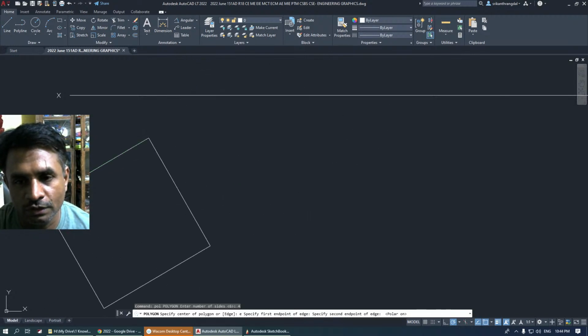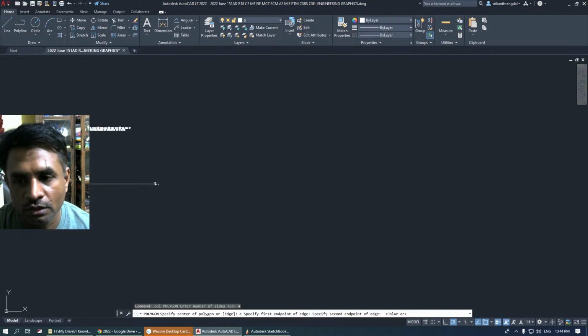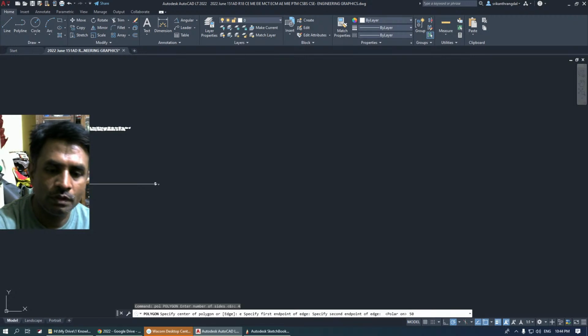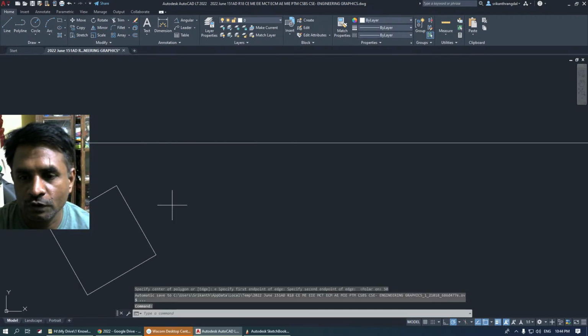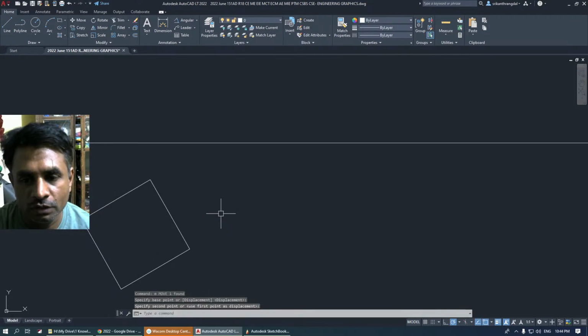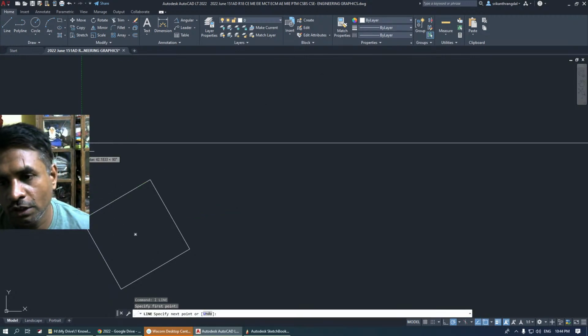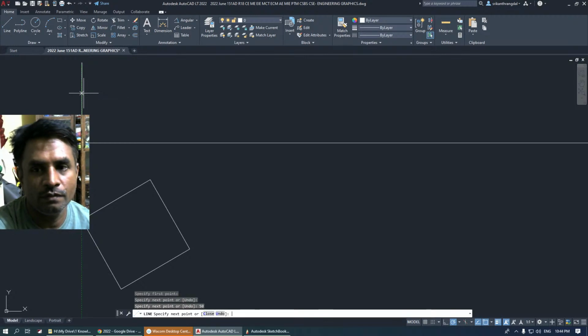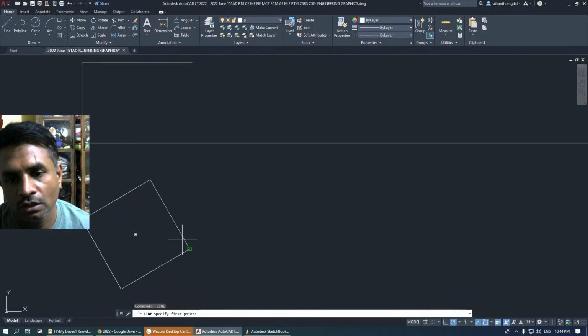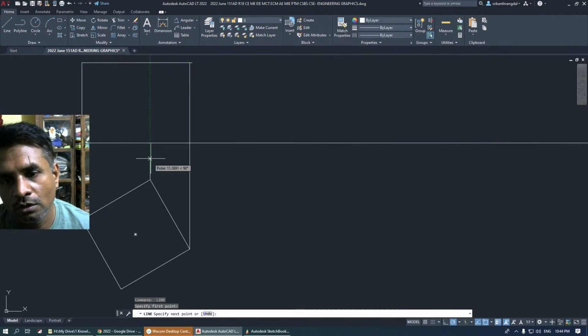This angle is 30 degrees to x. In this particular direction, I need to take a length of 50. This here is the top view. Then we need to go to the front view, so for the projection lines, here, so it's straight, and here, and here.